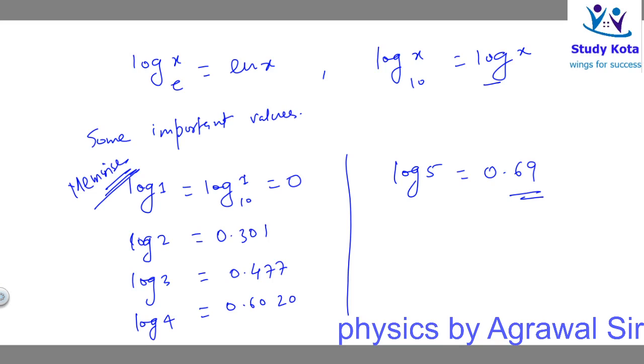Because we need it. Okay, suppose some question says find the value of log 8 to the base 10. Also simply you can write log 8. How would you find it? So you can write log 2 power 3.